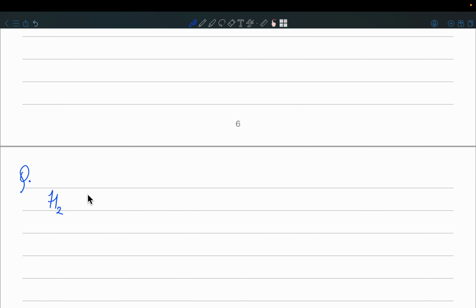So hydrogen, let us say it has a static temperature of 25 degrees Celsius. And we are also given that the stagnation temperature is 250 degrees Celsius. So can you tell me the Mach number?